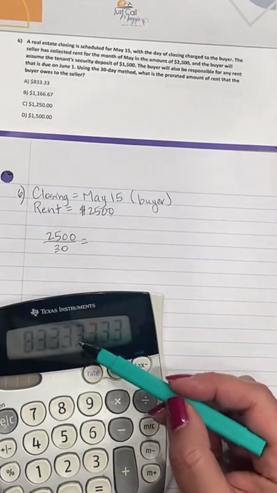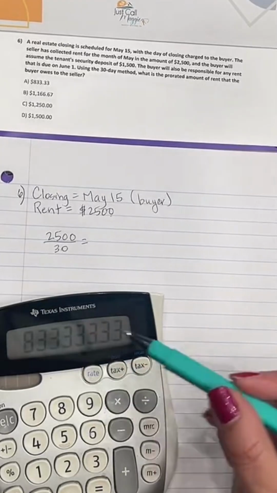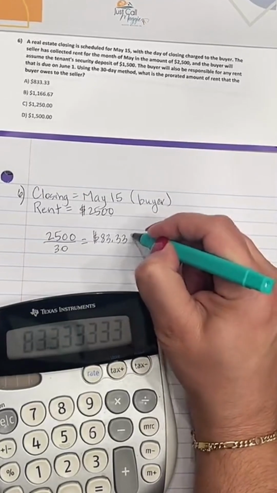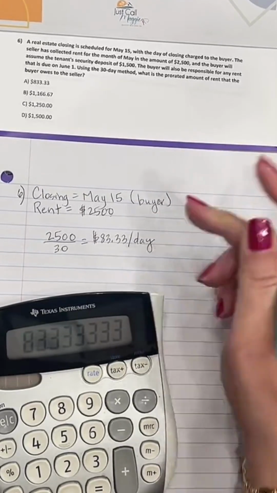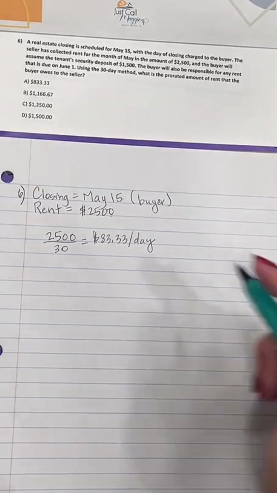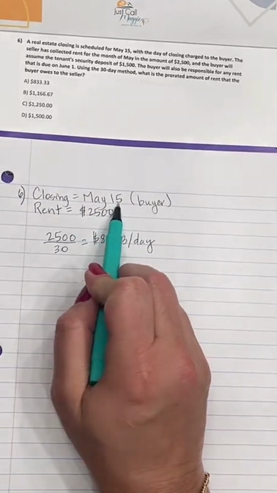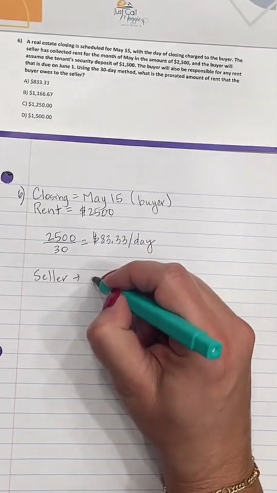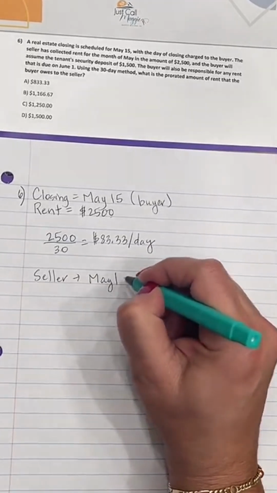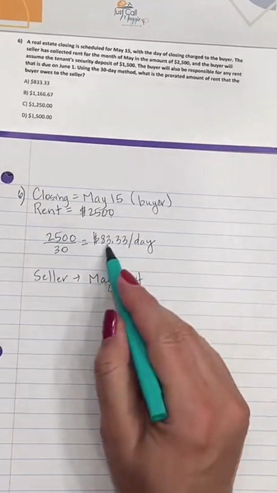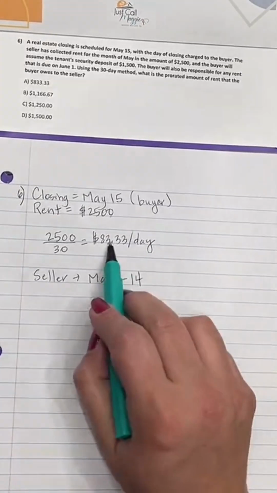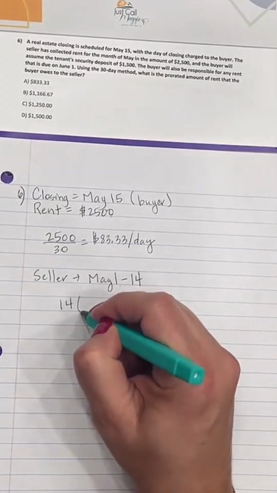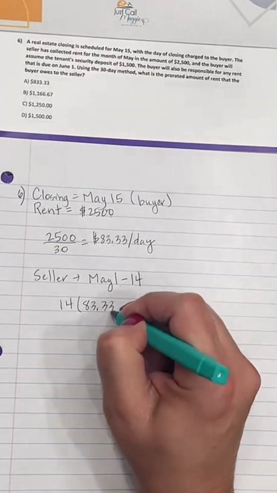Remember, the 3 here does not make this go up. So this is just $83.33 per day. Now since the closing is May 15, that means the seller still gets from May 1 to May 14, all of this, per day. So that's 14 days. So we say 14 times 83.33.